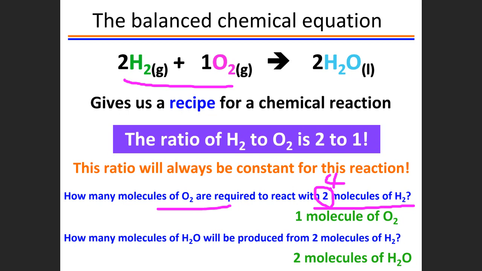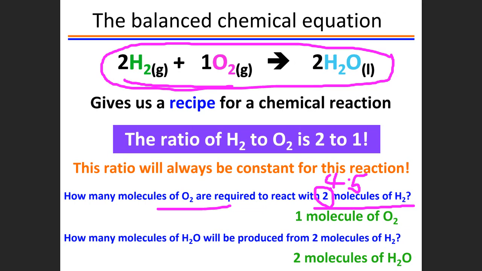But if I ask how many molecules of oxygen are required to react with 4.5 molecules, you need to do the math in a slightly more complicated way. We are going to try that next. So if you have the standard balanced chemical reaction, you can calculate any kind of ratio you need.